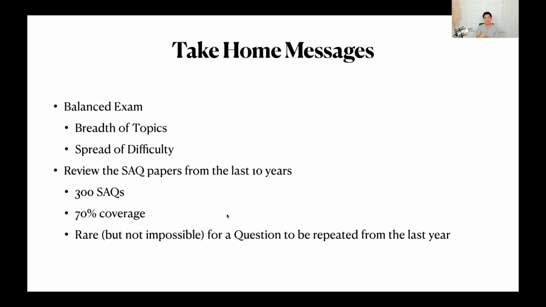So the take-home messages are that the exam is a balanced exam, and this is something that I've seen over the last couple of years. They've got that breadth of topics, and they've also got that spread of difficulty, where I think it is probably expected that there will be 5 out of the 15 questions which would be considered difficult, okay?